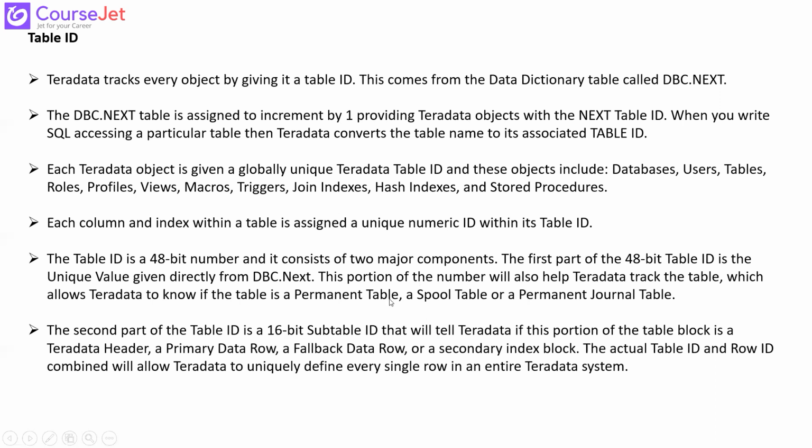The second part of the table ID, the 16-bit part, tells whether the data row is a primary data row, fallback, or secondary index block. The table ID combined with the row ID gives Teradata a unique value for each row.